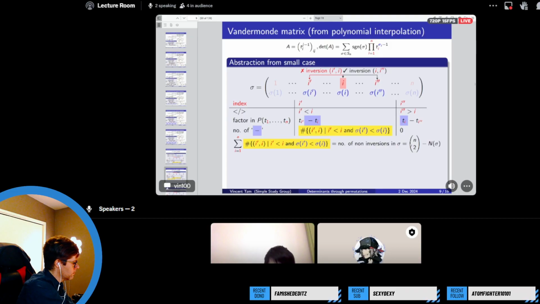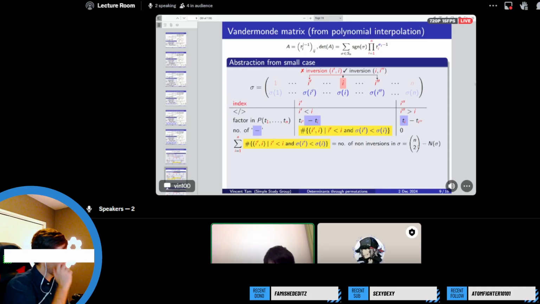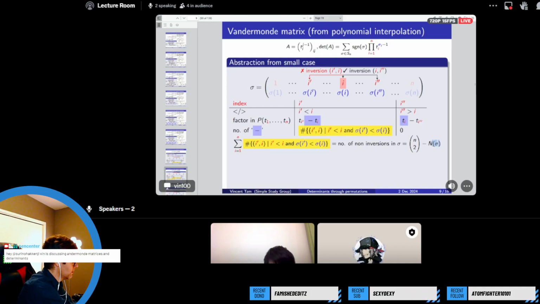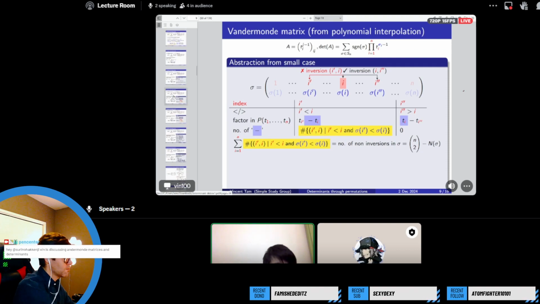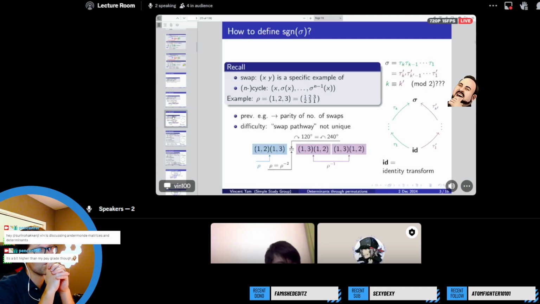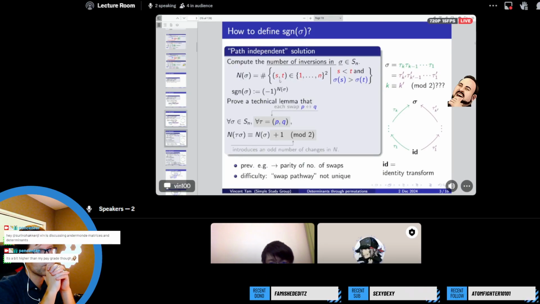So the total number of inversions is here, and this n minus 2, actually this n minus 2 comes from the definition of inversion. It comes from here. A two-tuple here with s strictly smaller than t here.